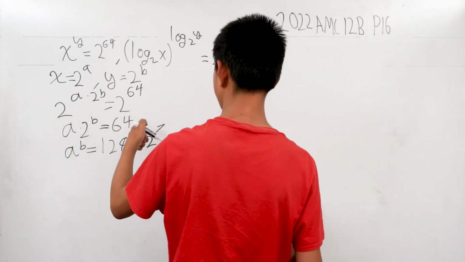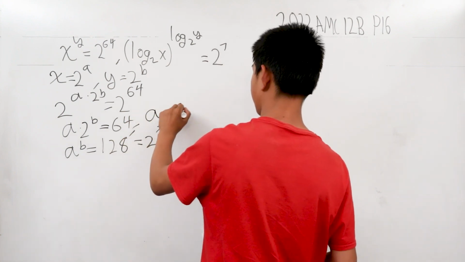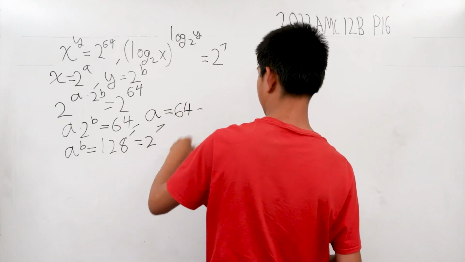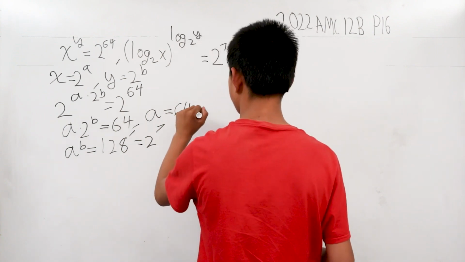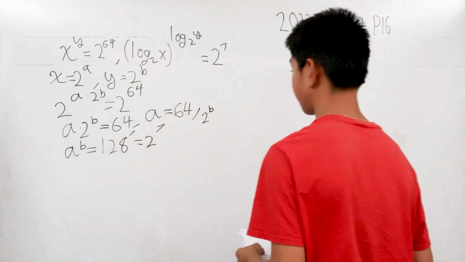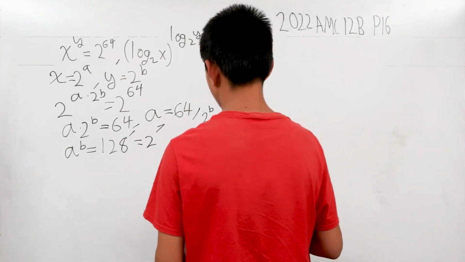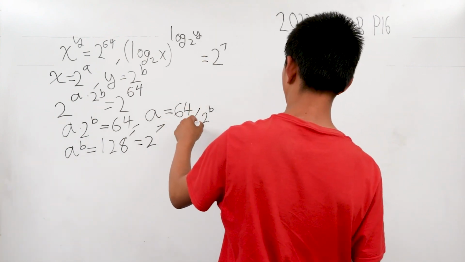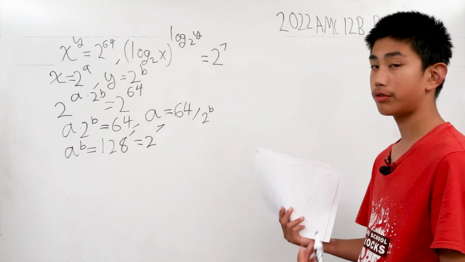When we divide by 2 to the power of b on both sides, we get a is 64 divided by 2 to the power of b. Since this is a 64 here, it is in fact a power of 2.